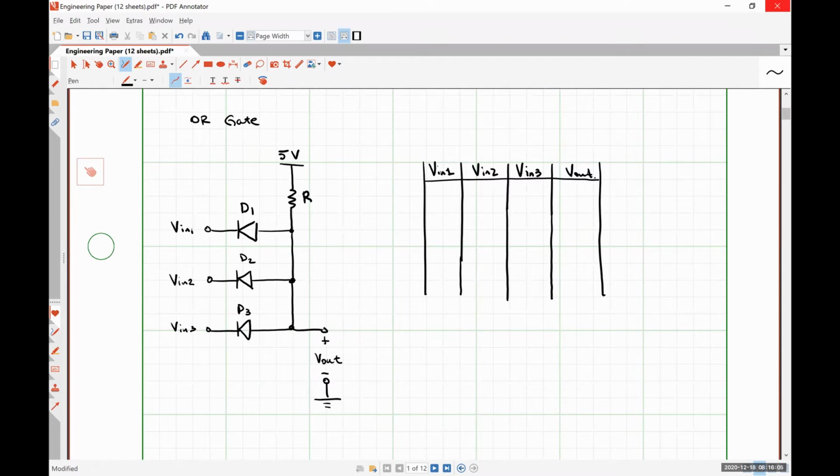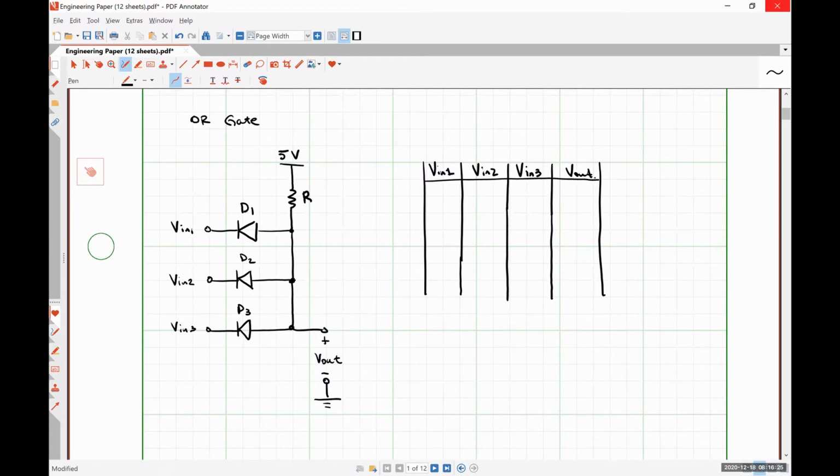So if this is less than 5, this diode is forward biased, and there is a voltage drop over the resistor. Does that make sense? Let's start there, right?